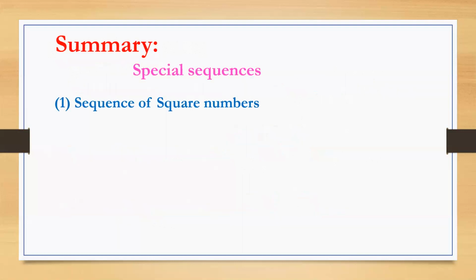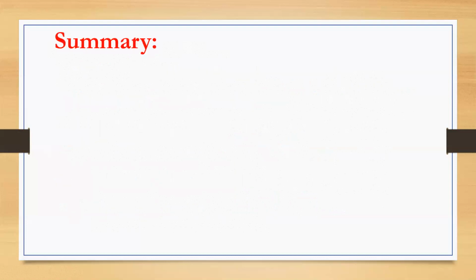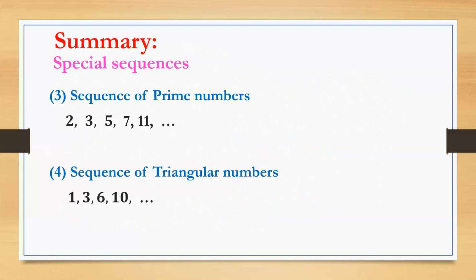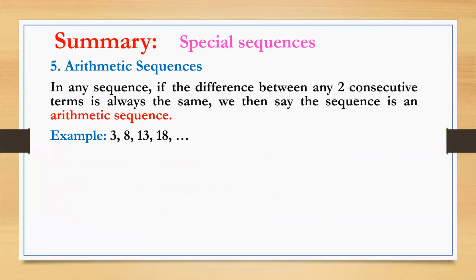We have also learned about the special sequences, namely sequence of square numbers, sequence of cube numbers, sequence of prime numbers, sequence of triangular numbers, and we have also learned about two new sequences, namely arithmetic and geometric sequences.